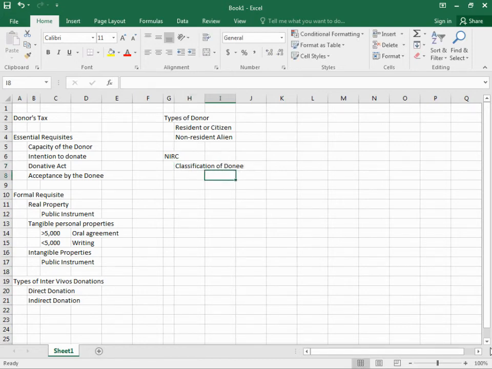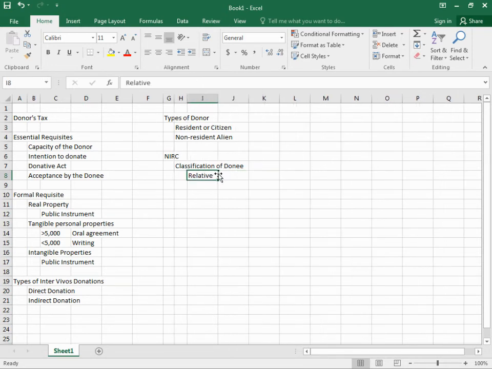So, kapag ang donee kasi natin is a relative, kamag-anak din yan, it will be taxed using the progressive tax. Okay? Yan. While if the donee is a stranger, ang ating magiging tax is 30% flat rate.